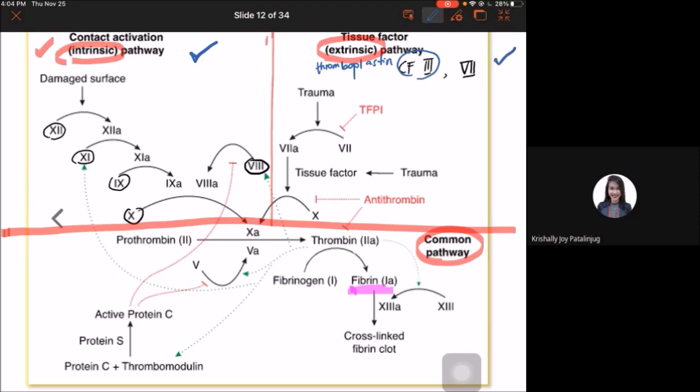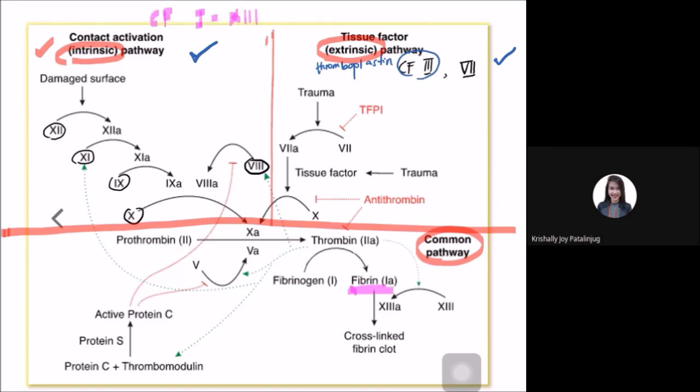Now, question, ano yung difference ng intrinsic at saka extrinsic pathway? So, let's start with extrinsic pathway. Ang extrinsic pathway, that is caused by an external trauma, as the term suggests.